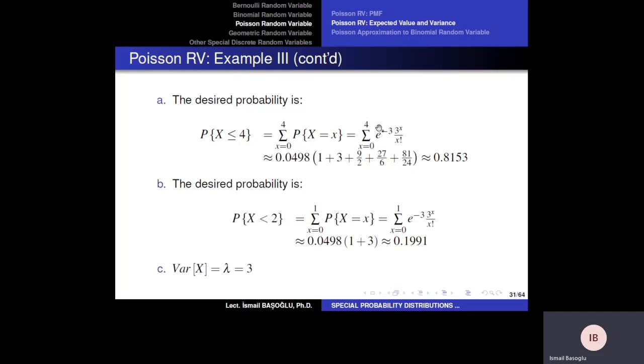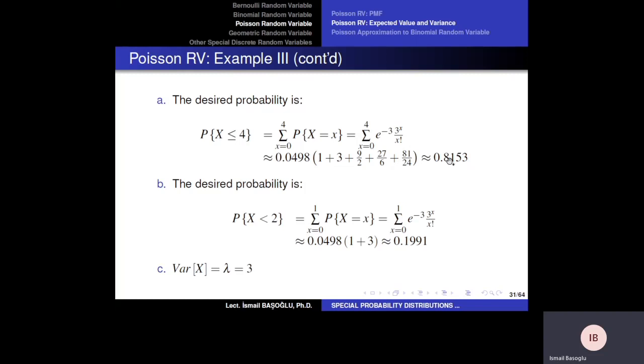And as you can see, e to the power minus 3 is a common multiplier, which can be first calculated and taken out of the summation as 0.0498. The remaining terms, 3 to the power x over x factorial, are equal to 1 when x is equal to 0, 3 when x is equal to 1, 9 over 2 when x is equal to 2, and so on. Once everything is calculated, you can see that the probability of having no more than 4 calls in any minute is approximately 0.8153.